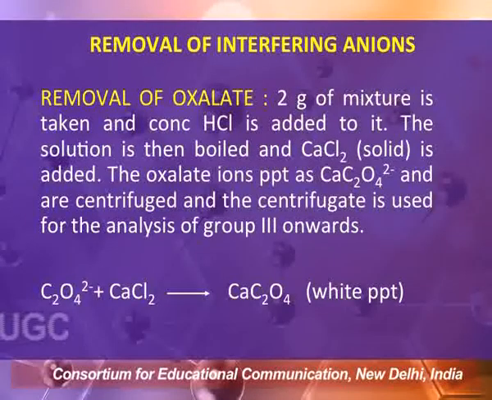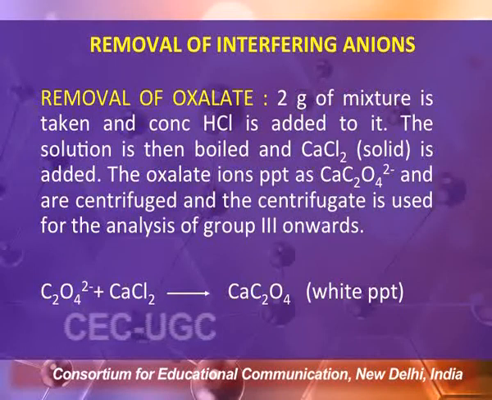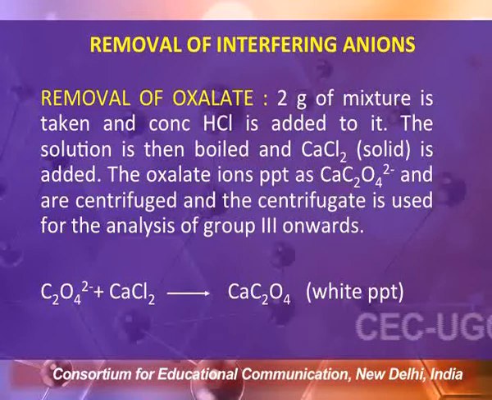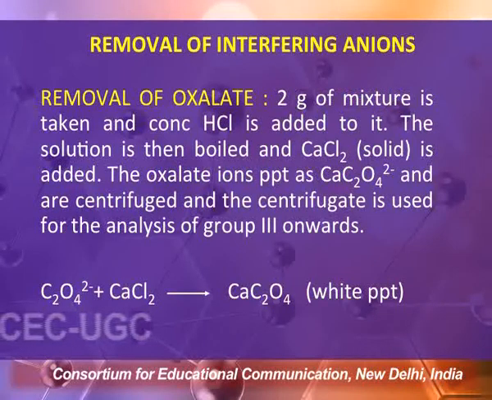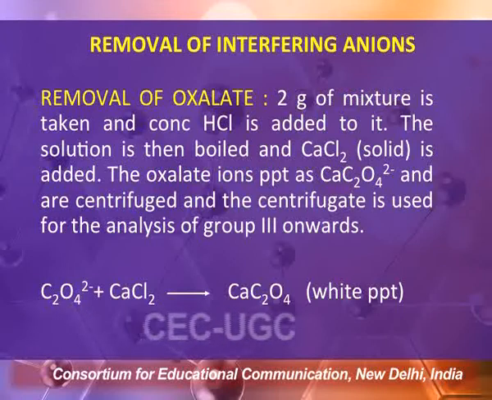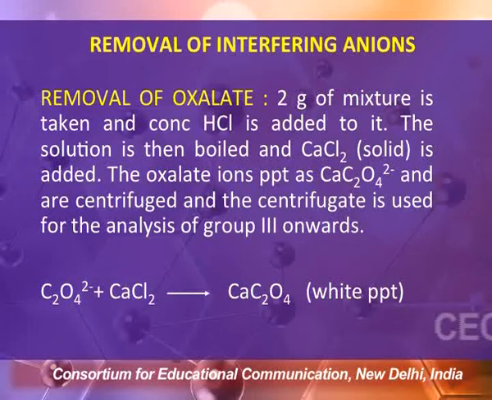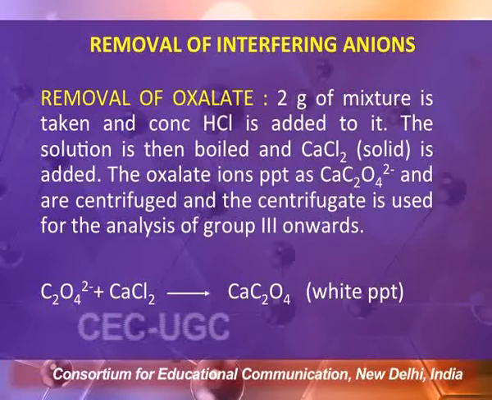After we have analyzed group 2 cations in the mixture, we next move on to a systematic analysis of group 3 cations. Before proceeding on to group 3 cation analysis, the interfering anions, if any, present in the mixture need to be first removed.